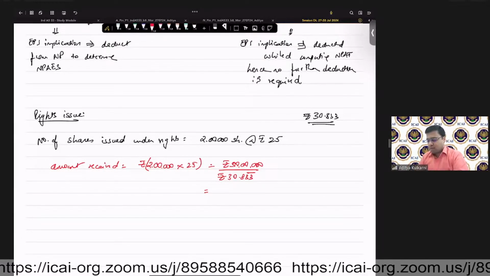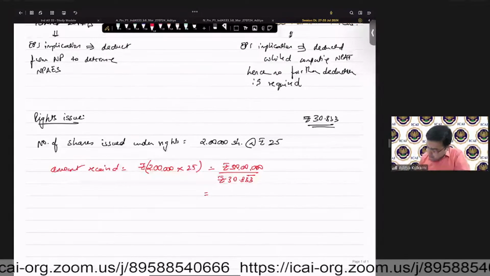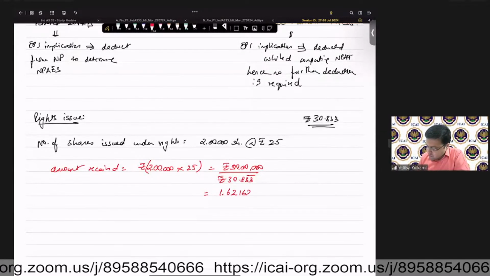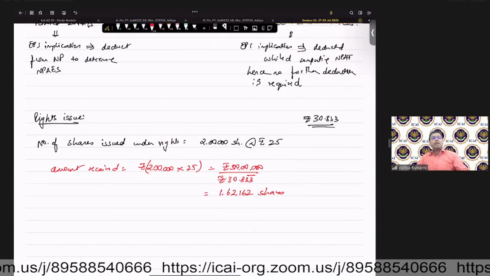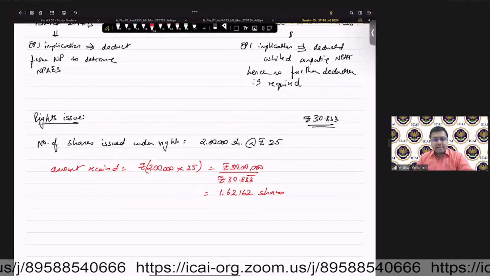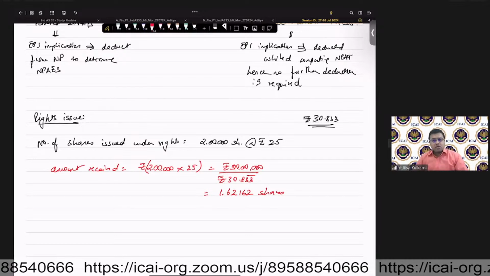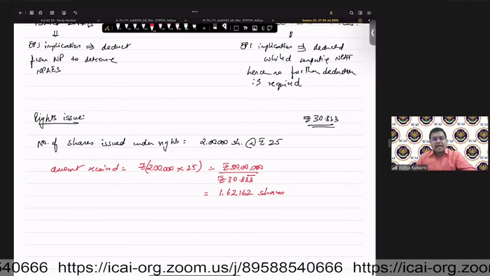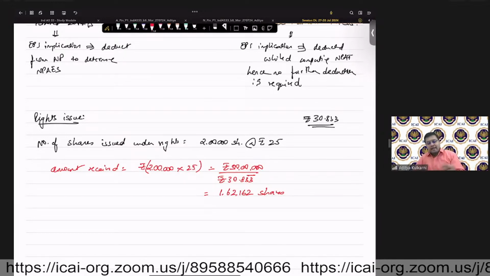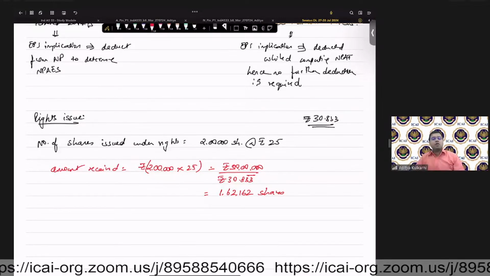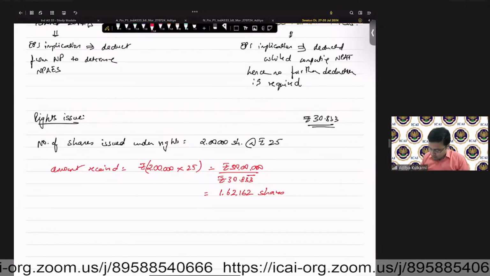This comes to 1,62,162 shares. You may have issued 2 lakh shares, nobody is denying that. But in fair value terms, you have only issued 1,62,162 shares. Sir, what about the balance? The balance number of shares represents your bonus component.